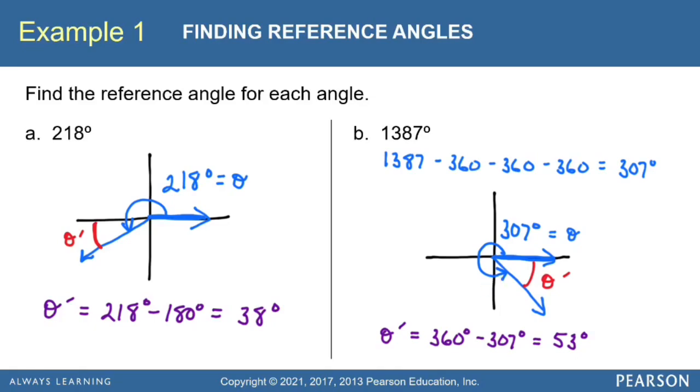And that is going to happen because the reference angle is not determined by whether it overlaps with theta or not. The reference angle is determined between the terminal side of the angle and the nearest horizontal axis. See here, from the terminal side of the angle to the nearest horizontal axis.